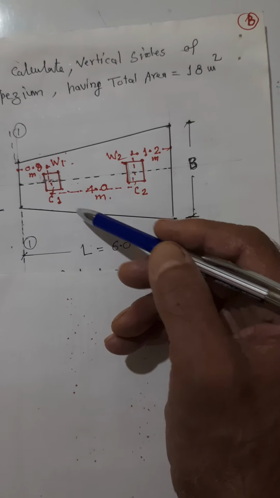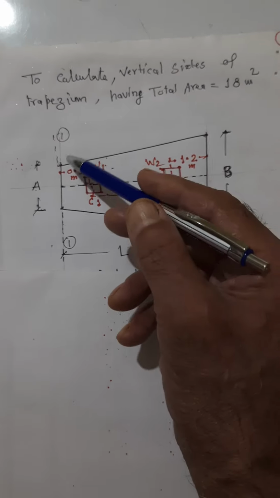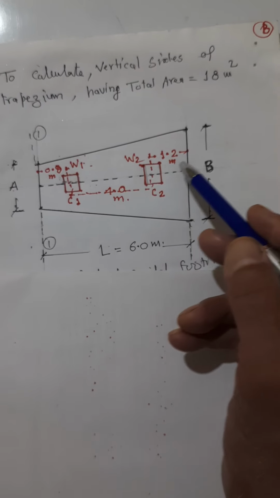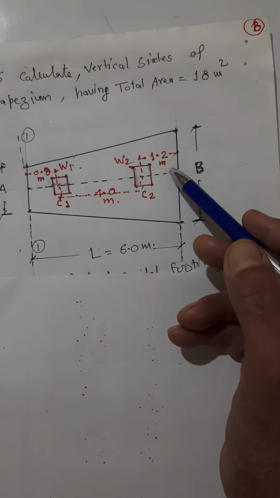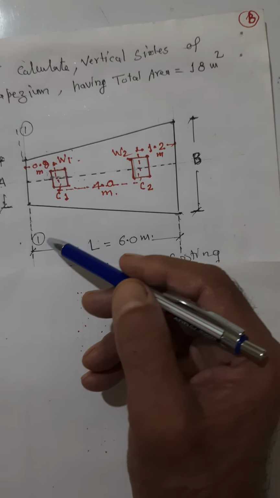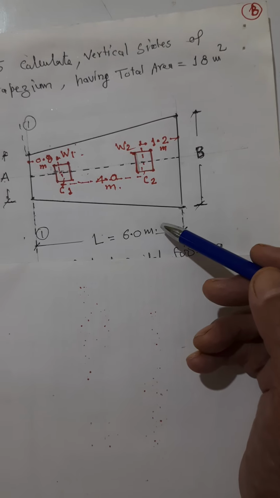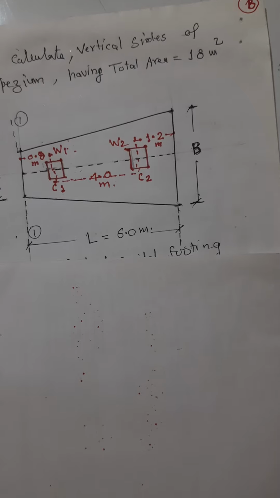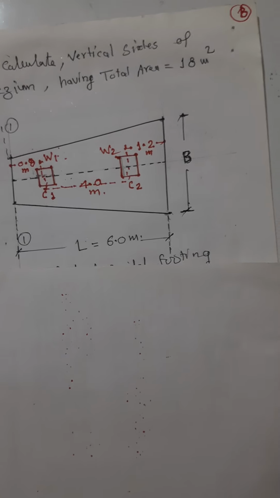So the area of this trapezium is half the sum of the two parallel sides into the perpendicular distance between the two, that is A plus B by 2 into L. That will give the total area, and that must be equated with the total area of 18 meters square.